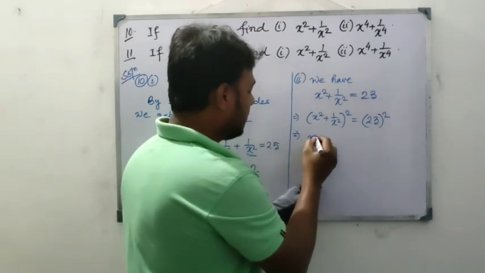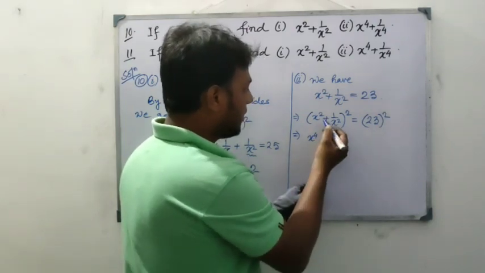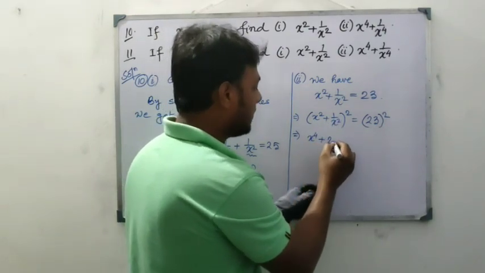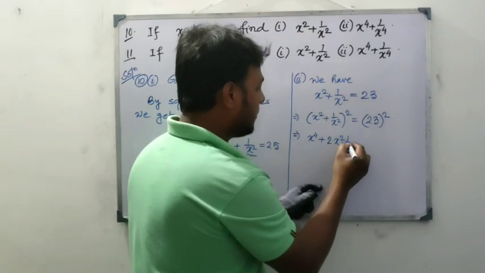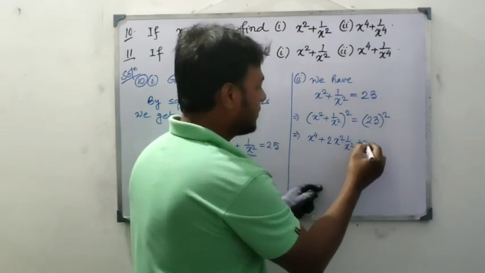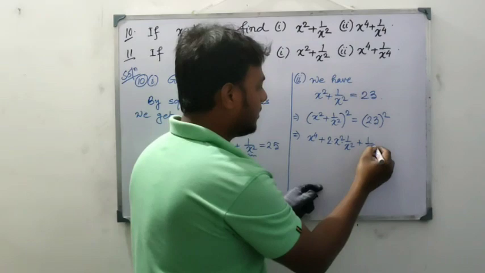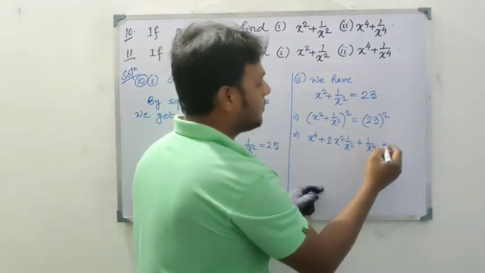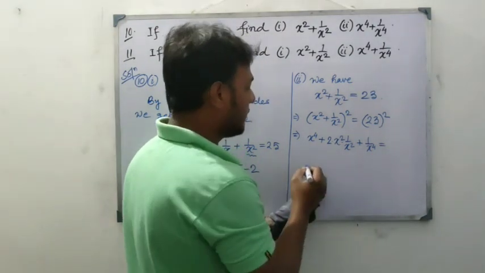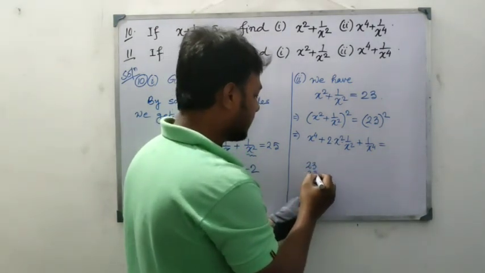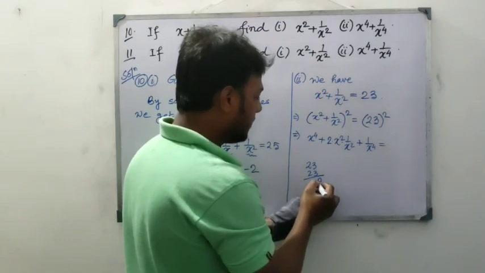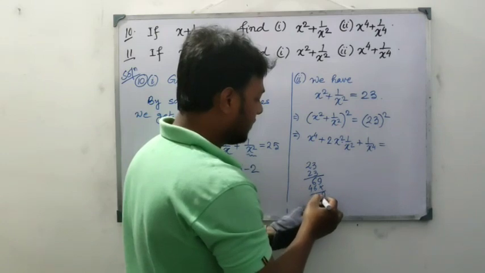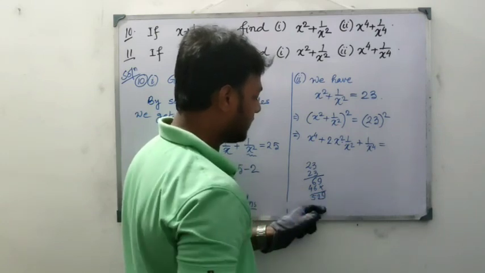So the first term will be x to the power 4, then 2ab, that means 2 into x square into 1 by x square, plus 1 by x square whole square, so it will become 1 by x to the power 4. And 23 square means what? 23 into 23, which is 529.